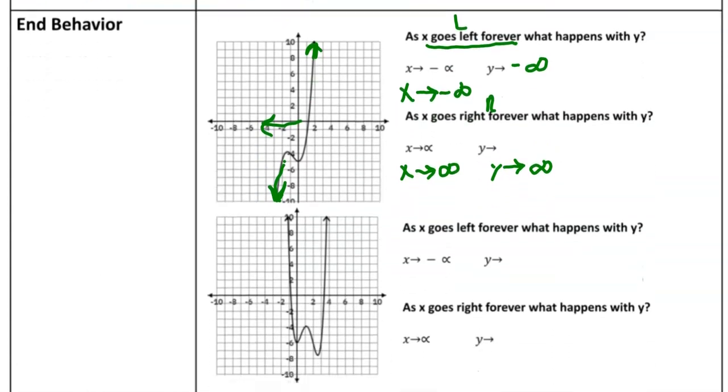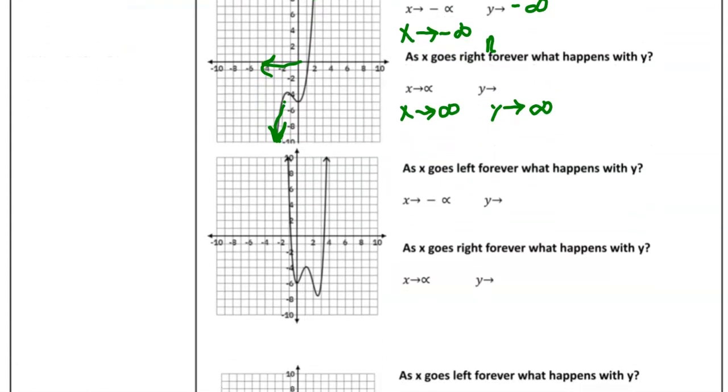End behavior. Okay, this one here. There's the farthest left side. Again, we're doing the left side, and then we'll do the right side. The left side, of course, is as x approaches negative infinity. As x goes this way, y is going up. So y is going towards positive infinity.